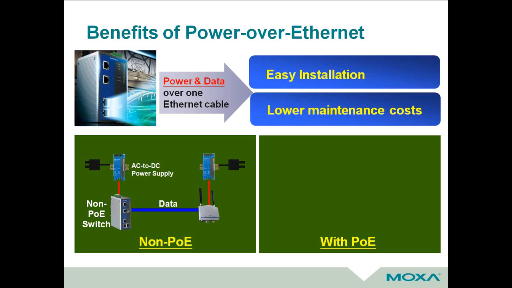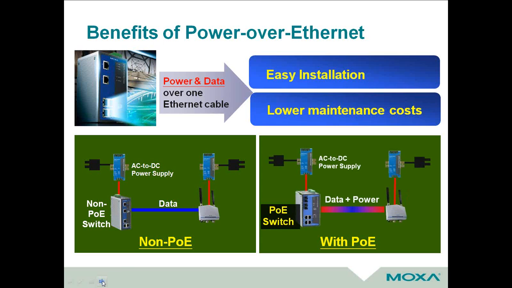And that industrial switch is then connected by an Ethernet cable to an end device. In this case, it's an access point. And this access point in this example is not PoE, so it does require a standard power supply as well. So you're buying two power supplies, and you're connecting it up, and that's your non-PoE solution. Well, that's pretty much what everyone uses today.